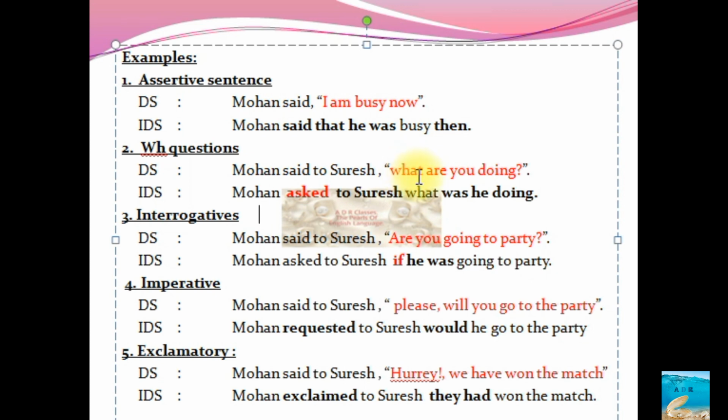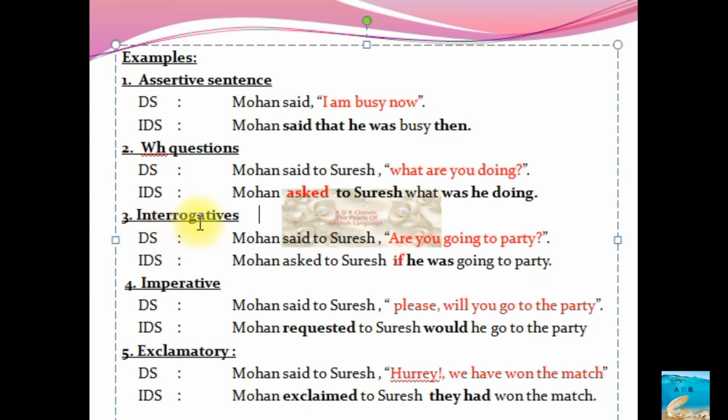Mohan asked Suresh what he was doing: are is converted into was, you is converted into he. You can also reverse the words here: what he was doing or what was he doing. The question mark is not supposed to be used.